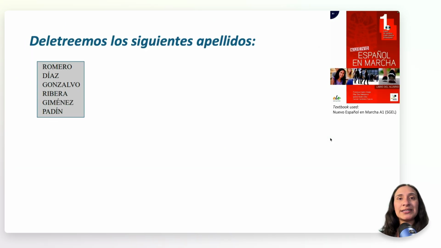And I have an activity which is about deletrear, to spell out. Deletreemos los siguientes apellidos. This is an activity that is found in this book that I have here, Nuevo Español en Marcha, A1.